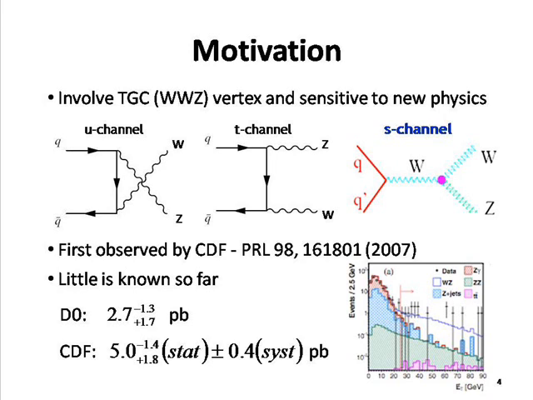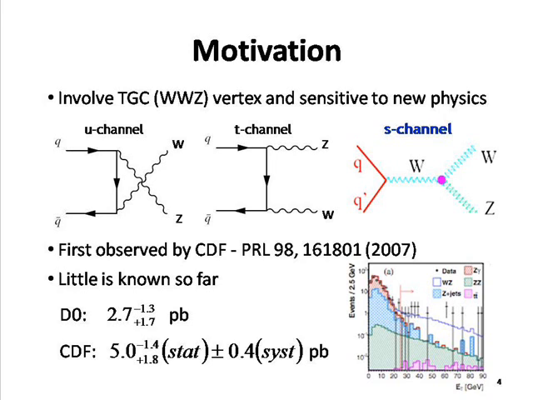So first, the WZ event was observed at Fermilab in the US. It's the CDF, published in 2007. But so far, we don't know much about WZ because the Tevatron, the accelerator where the CDF is located, does not have enough statistics. The colliding energy is not enough for us to detect the WZ events with enough statistics.